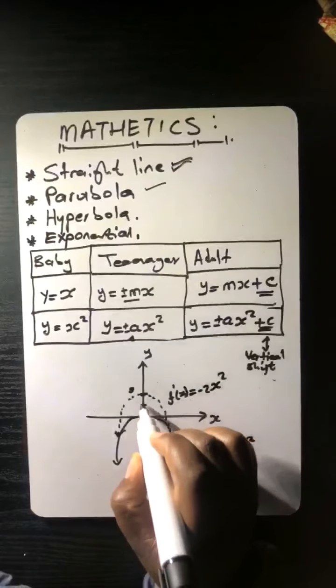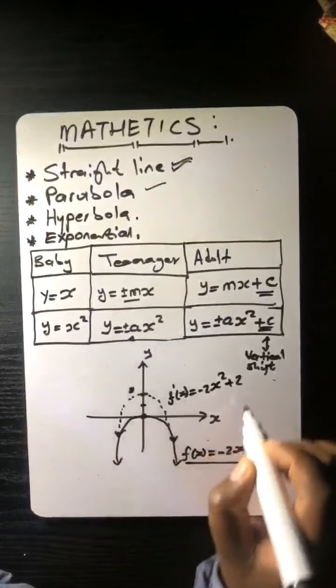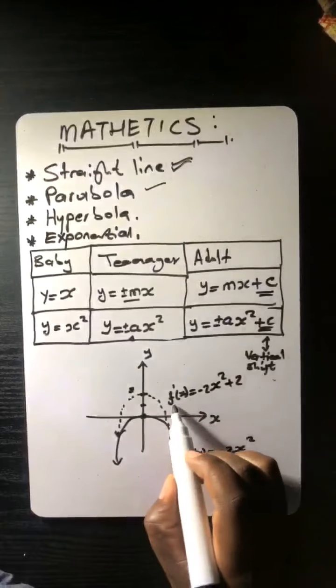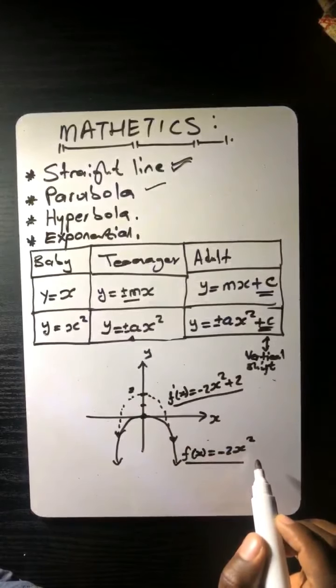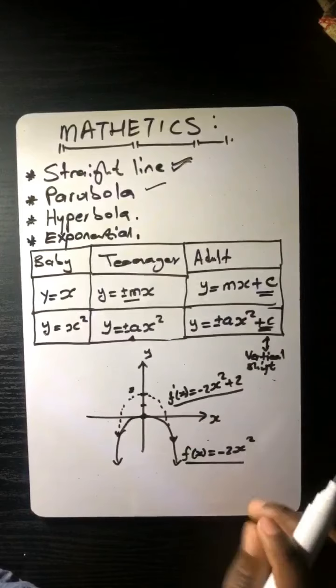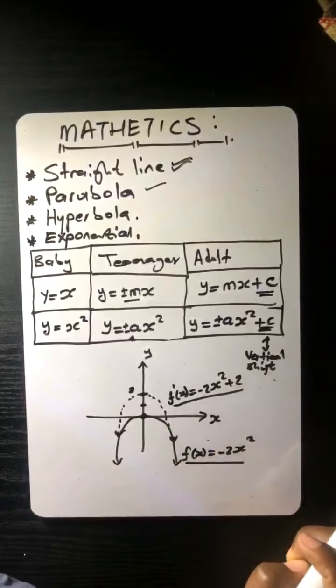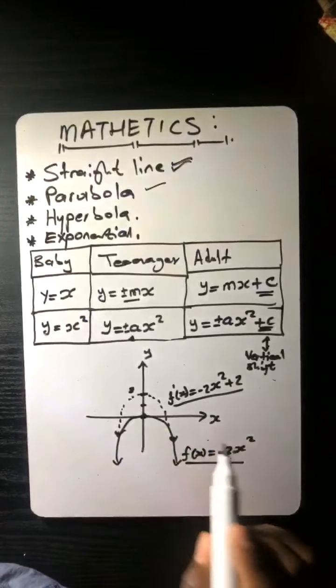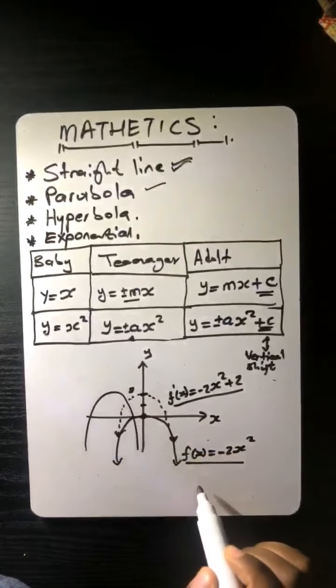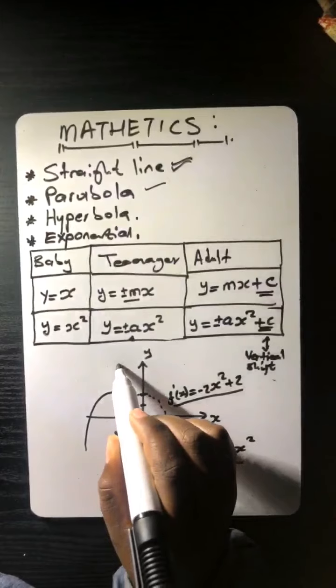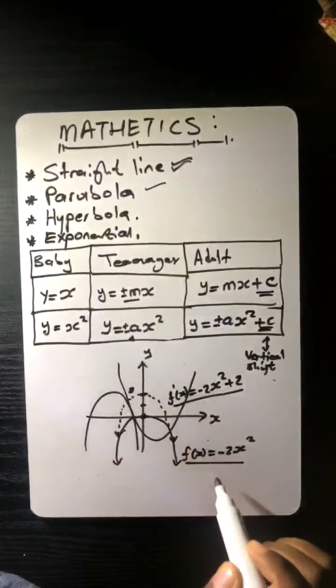Then upwards 1, 2. That's why you say plus 2. So that means it moved upwards by 2 units. That is why I want you guys to understand the formation of these functions. So now, can you see this function can either shift to the left, or otherwise shift to the right.